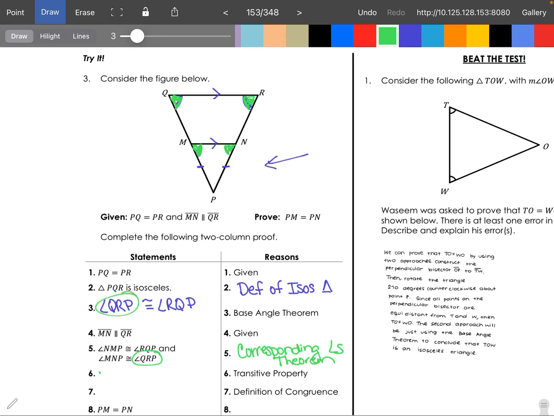So the angle MNP is congruent. All right, this one corresponds with that. So angle NMP, for the transitive property. Okay, and if those two angles are congruent, by the definition of congruence, then their measures are equal. We do have to include that in there.